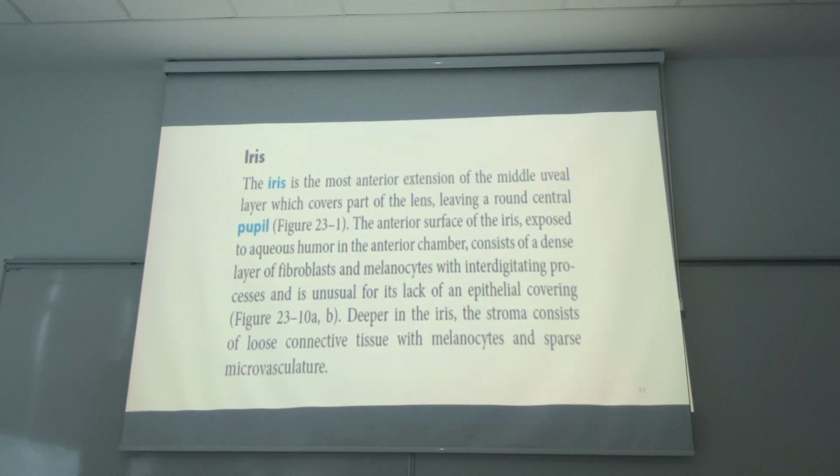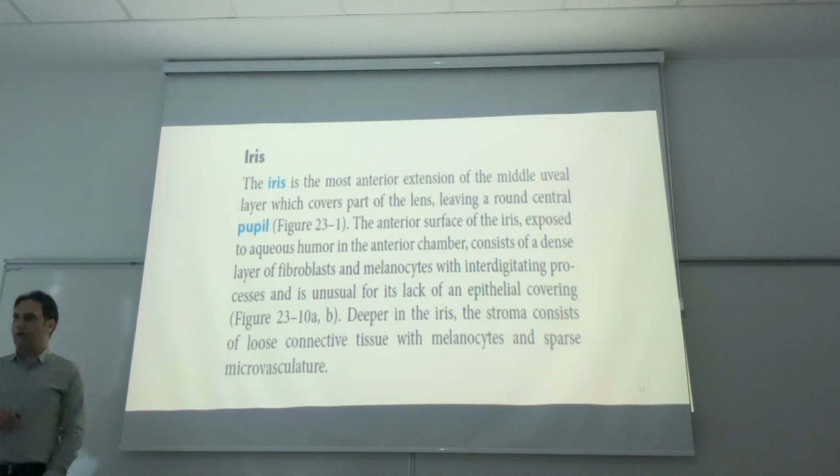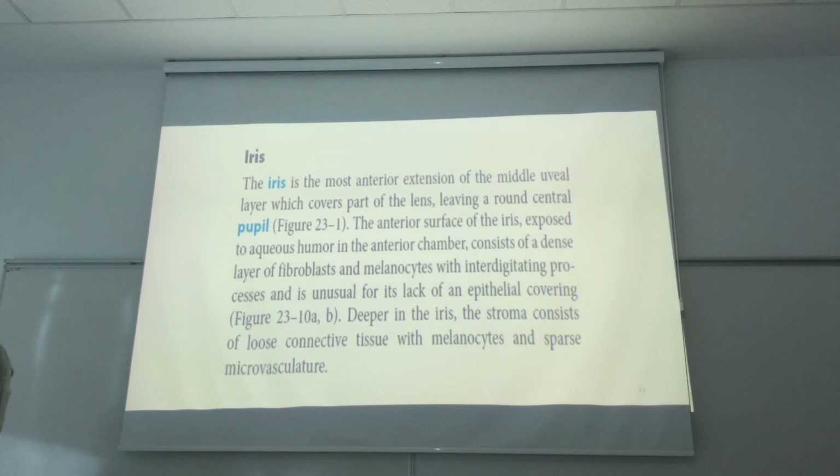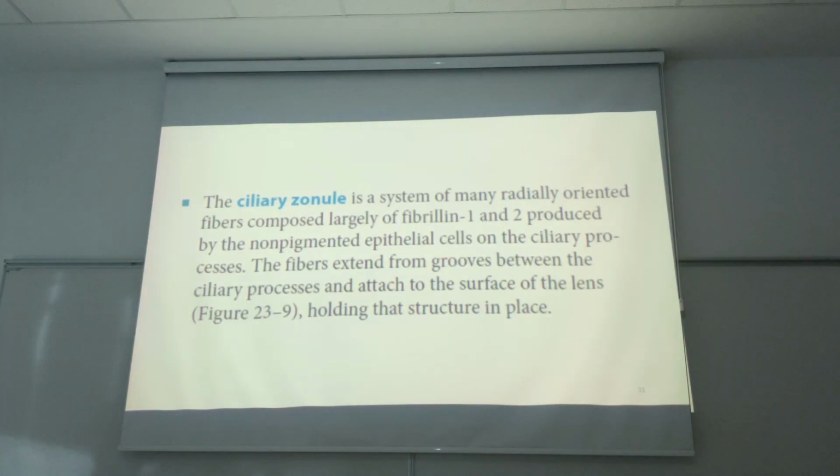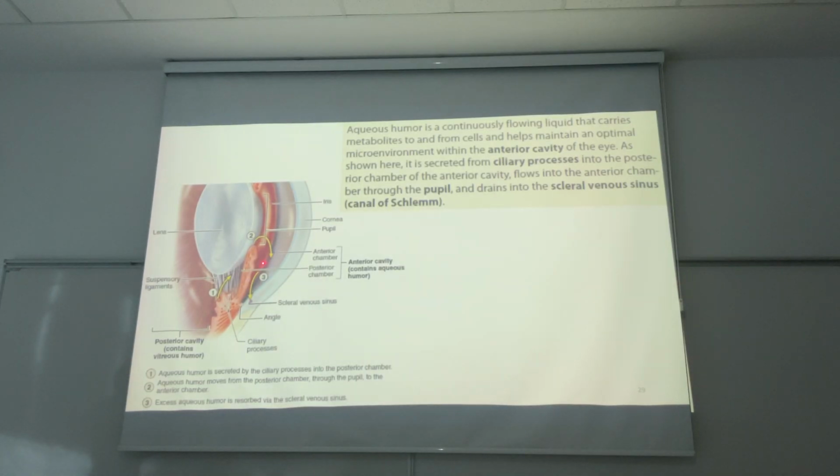The iris has two areas, the anterior and posterior sides. On the anterior side of the iris, we have a structure like connective tissue without epithelium. This side of the iris.